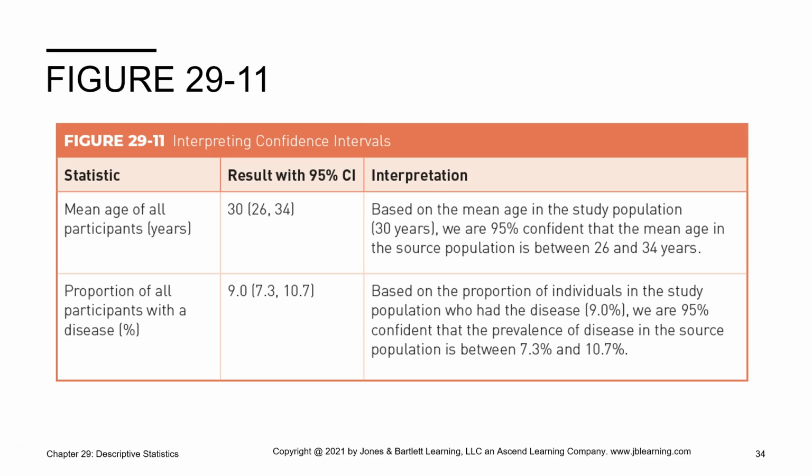And so the interpretation will be based on the mean age in the study population. We're 95% confident that the mean age in the source population is between 26 and 34 years. And then that can also be done and interpreted very similarly with a proportion or percent.